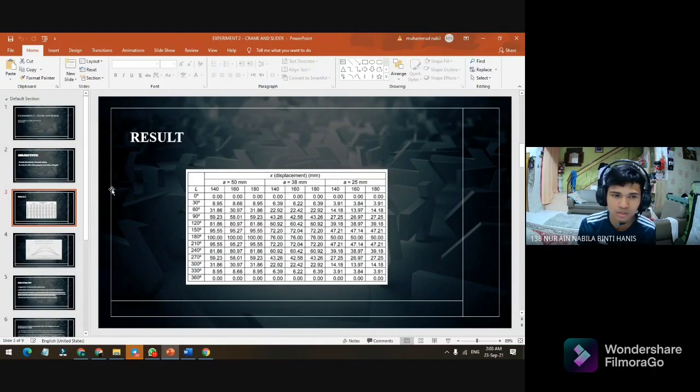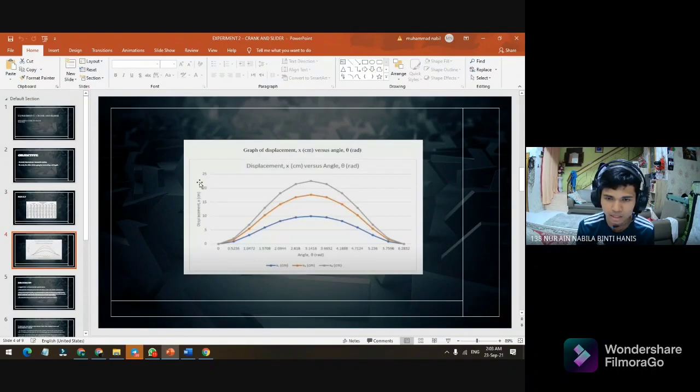The next is the result that we get from the experiments, where we set from 0 degrees, 30 degrees, 60 degrees, 90 degrees, and until 360 degrees. For all of the results, we plot them on a graph, and the graph shows this shape, which is the graph of displacement versus the angle.